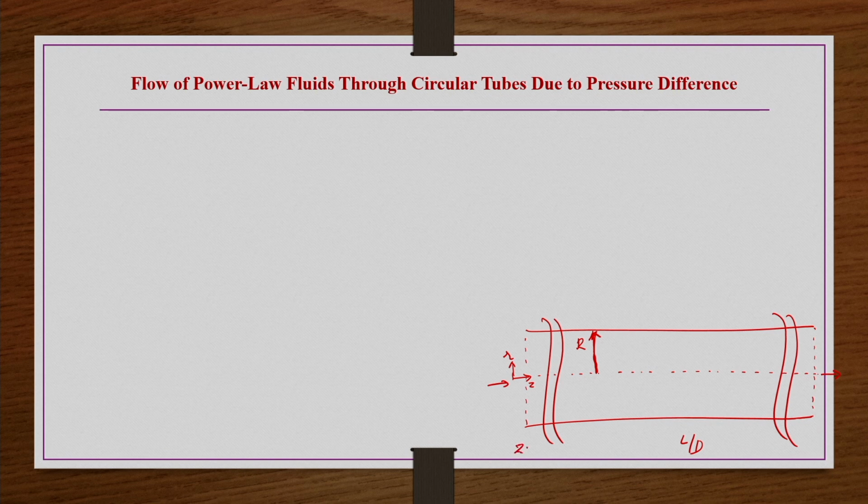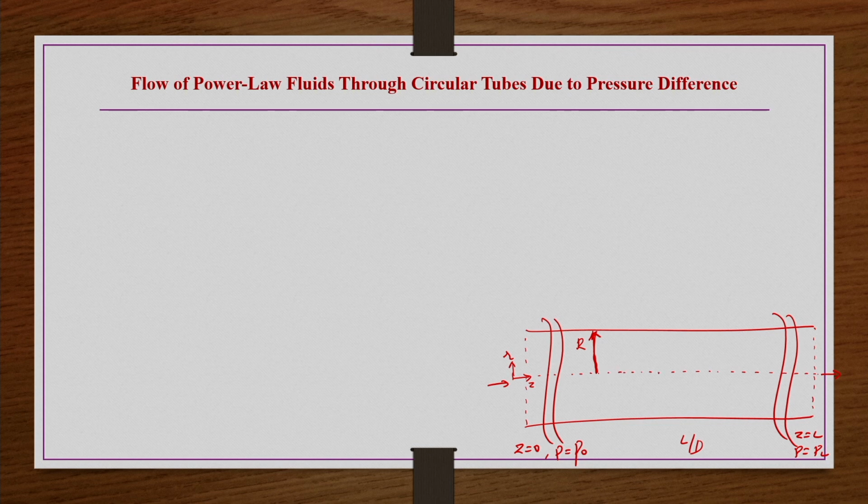At z equals 0 we take pressure equal to P naught, and at z equals L we take pressure equal to P L, where L is the length of the circular tube.